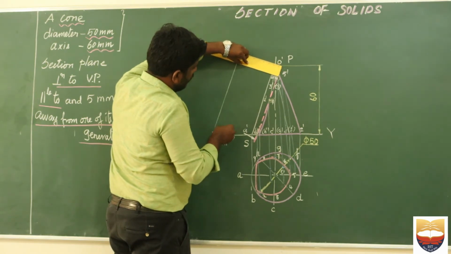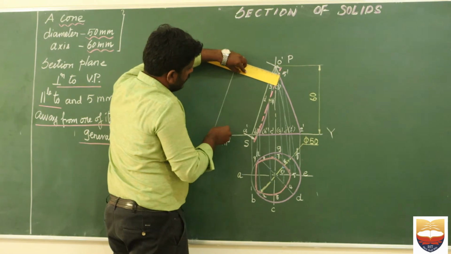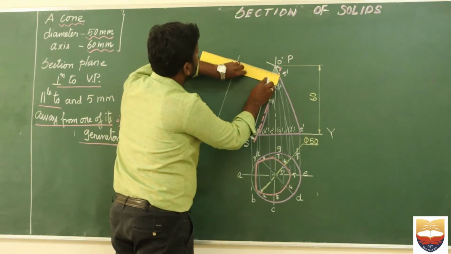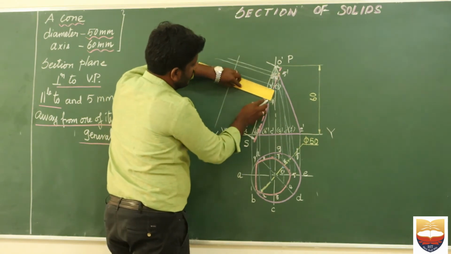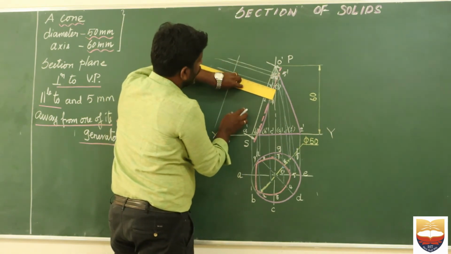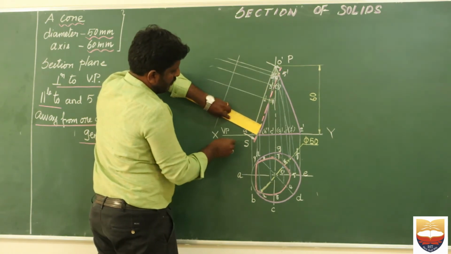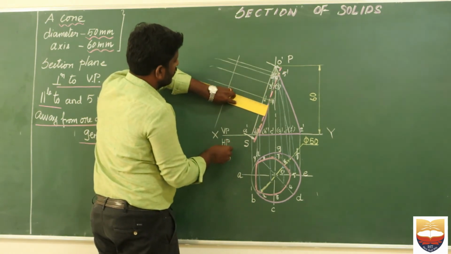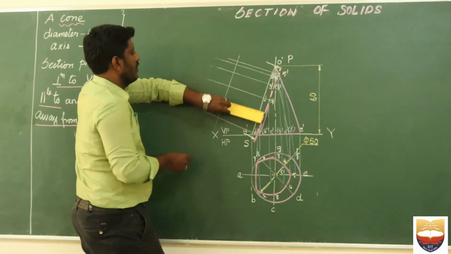This is point 1, this is my second point, and then this is my third point, and this is my fourth point, and finally I have this particular point. So make sure it is perpendicular to your cutting plane. It is very, very important.